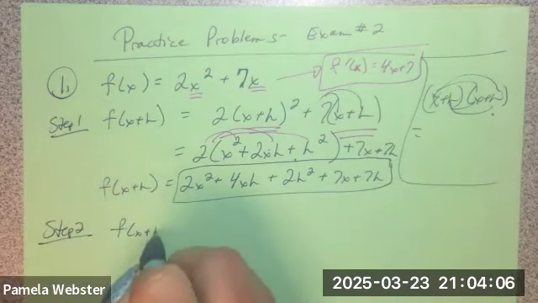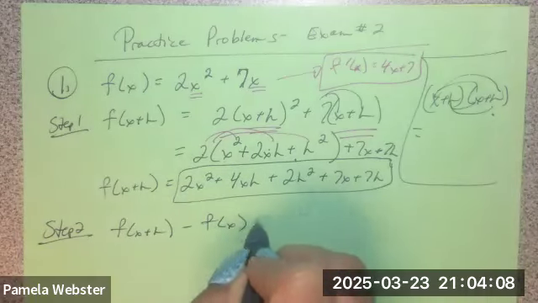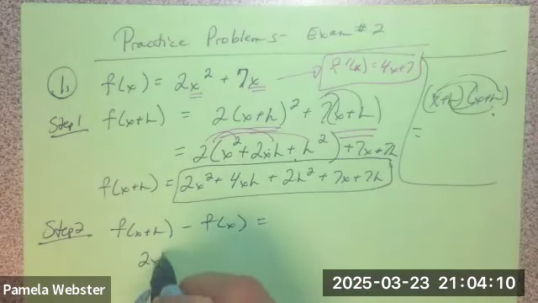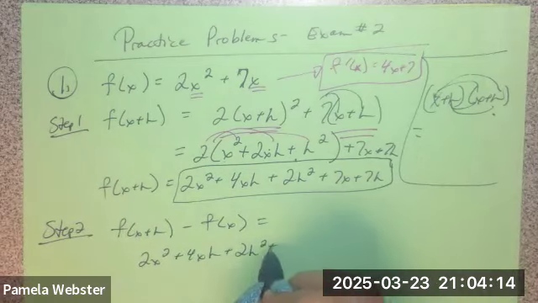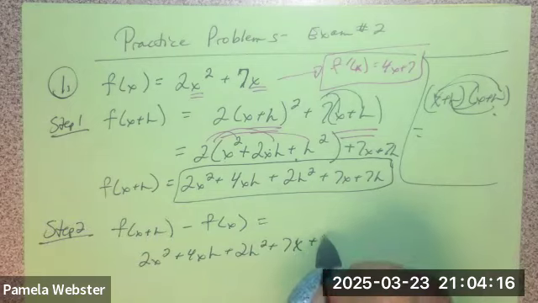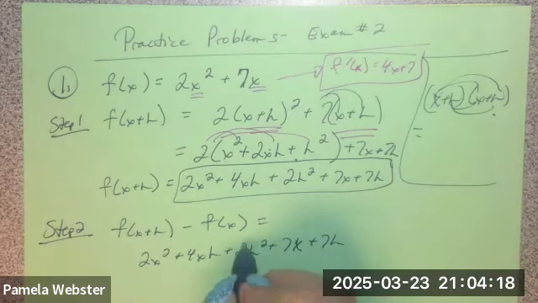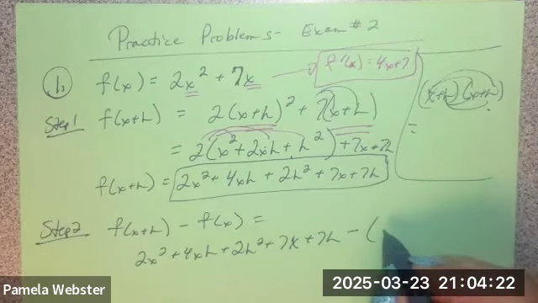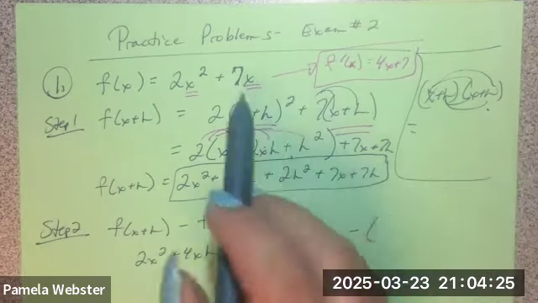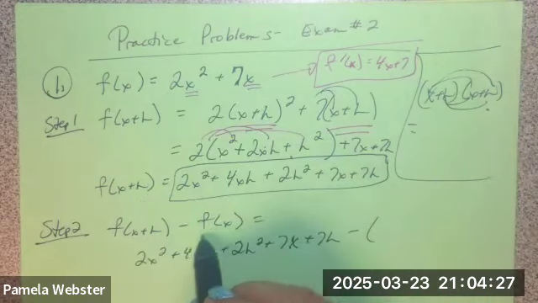is f of x plus h minus f of x. Okay, here was my f of x plus h. I'm just recopying what's up there. Minus, and I'm going to put parentheses because, again, we tend to lose these negatives whenever we do this. The entire f of x, right?